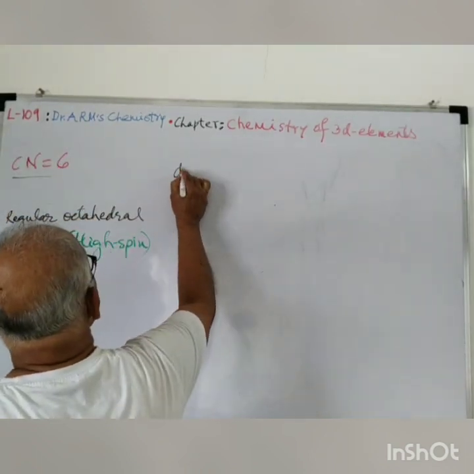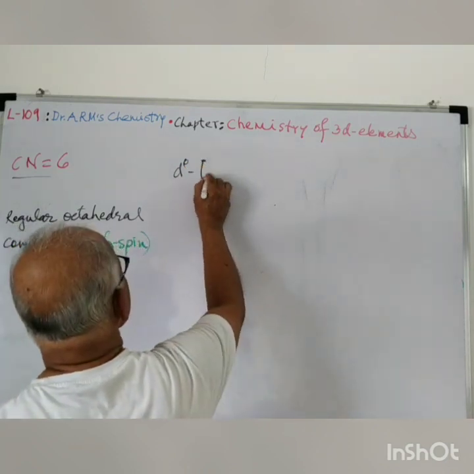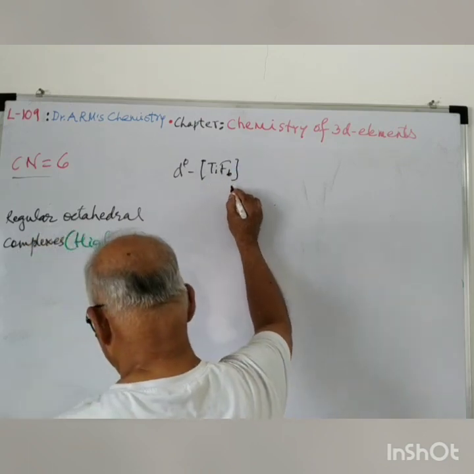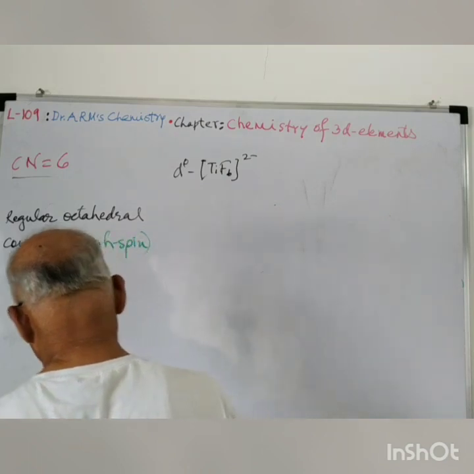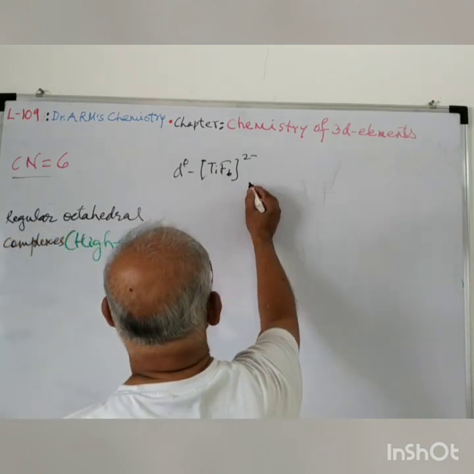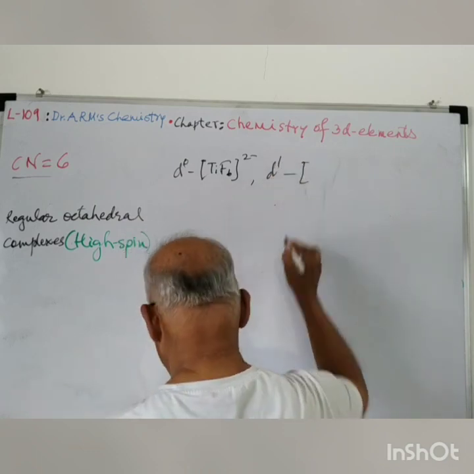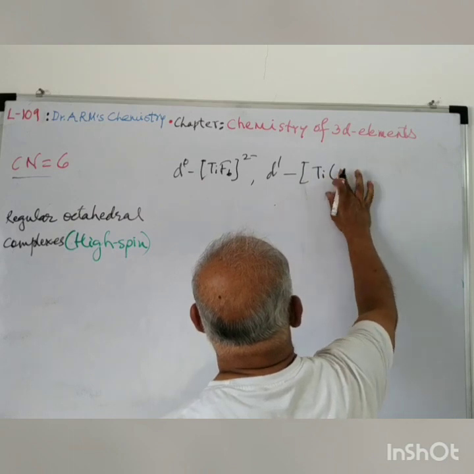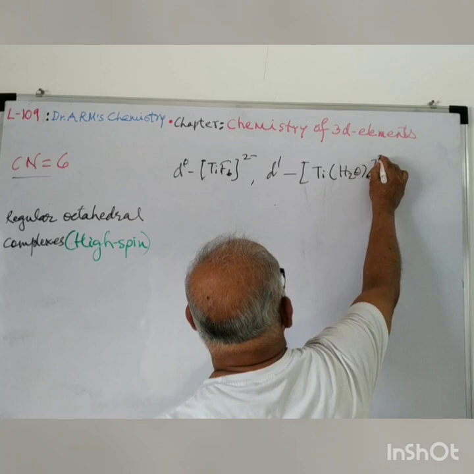It's a d0 configuration: TiF6 2 minus. Then with d1 configuration, we have Ti(H2O)6 3+.